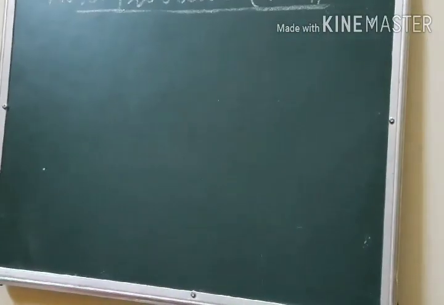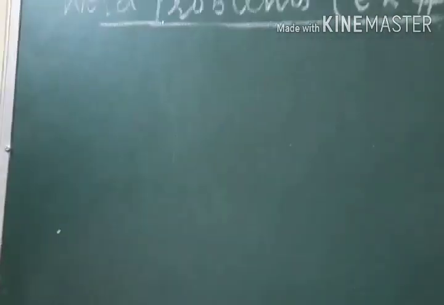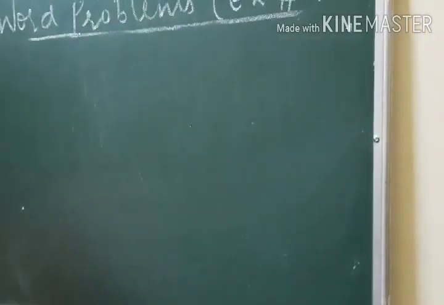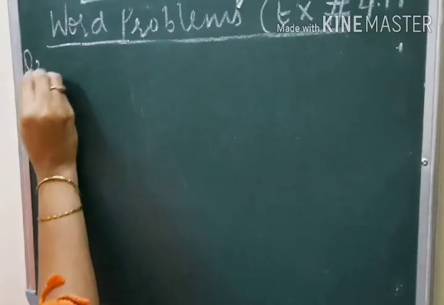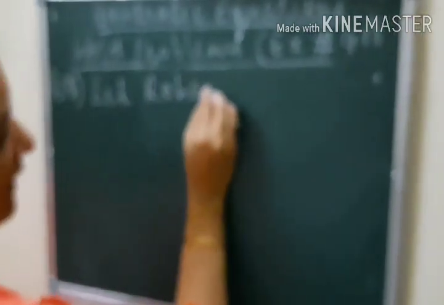Third part of the question is, Rohan's mother is 26 years older than him. Now there are two persons in the question. Third part, Rohan and Rohan's mother. What is given? That Rohan's mother is 26 years older than him. We don't know Rohan's age, so let Rohan's age be x.